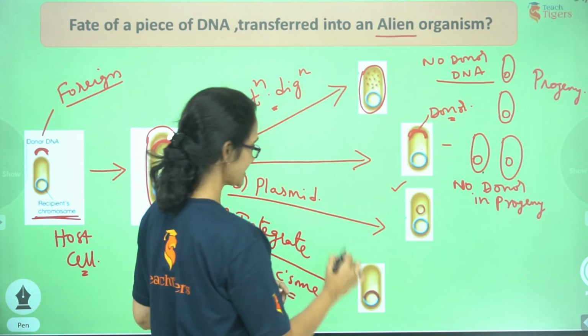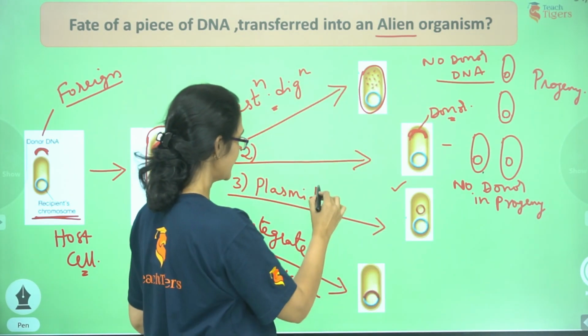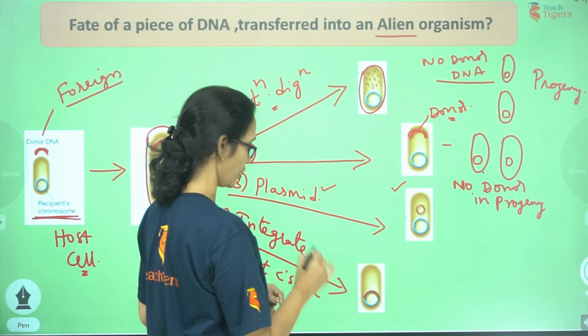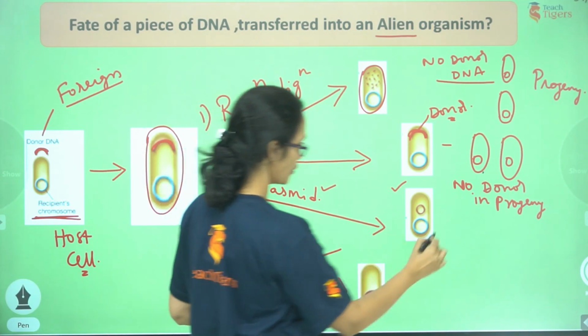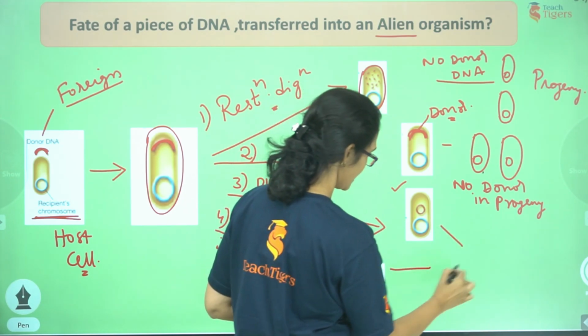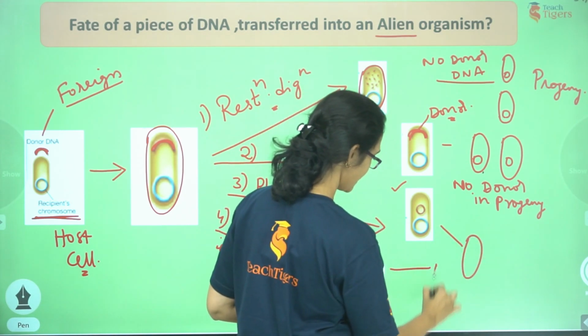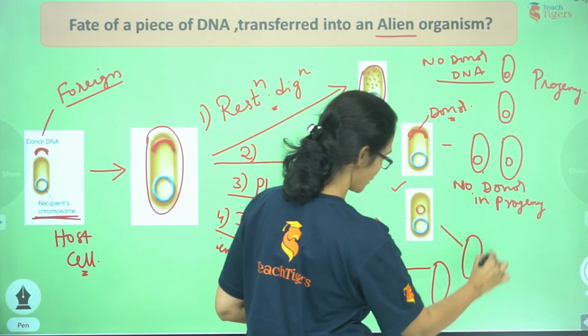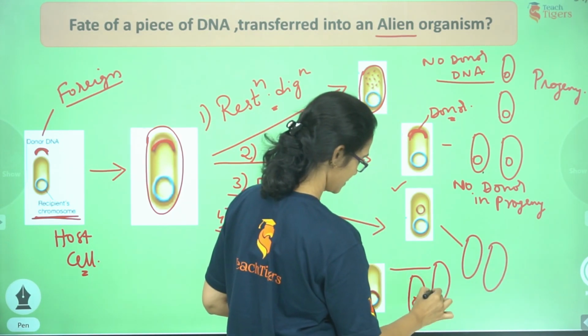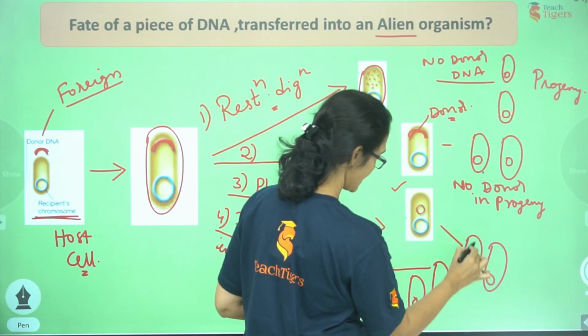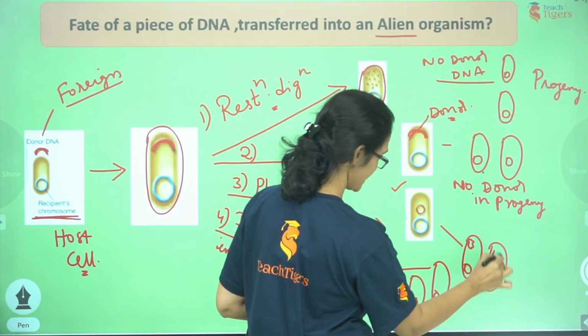Only in the third case and the fourth case, if the DNA happened to be a plasmid or if the DNA was able to integrate into the host chromosome, only in these two cases, the progeny cells can receive the plasmid DNA along with the chromosomal DNA. This is the chromosomal DNA and this is the plasmid DNA.